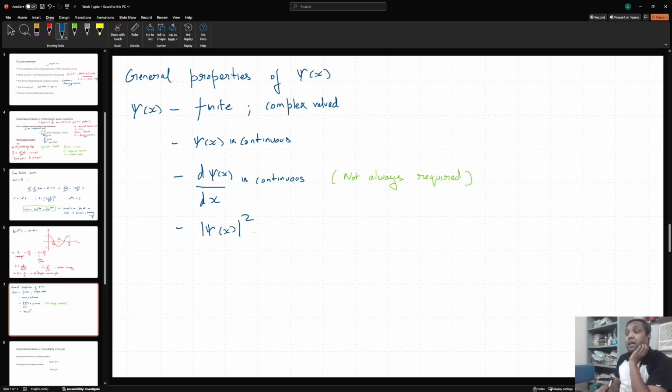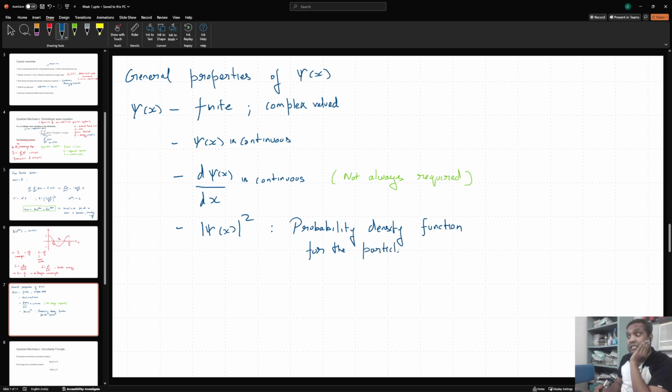So now this quantity, what is psi squared x? This is the probability density function for the particle. So what does this mean?